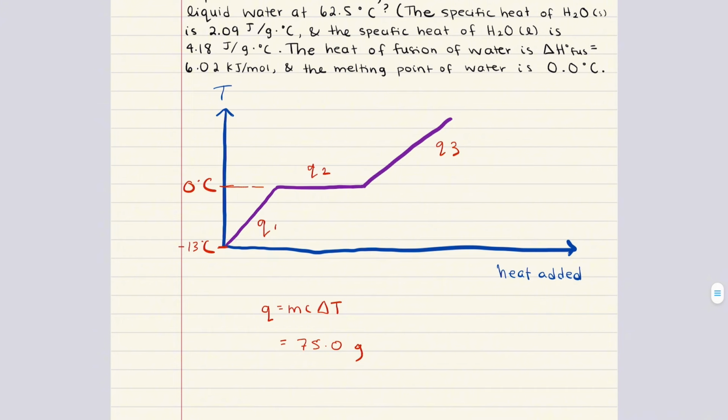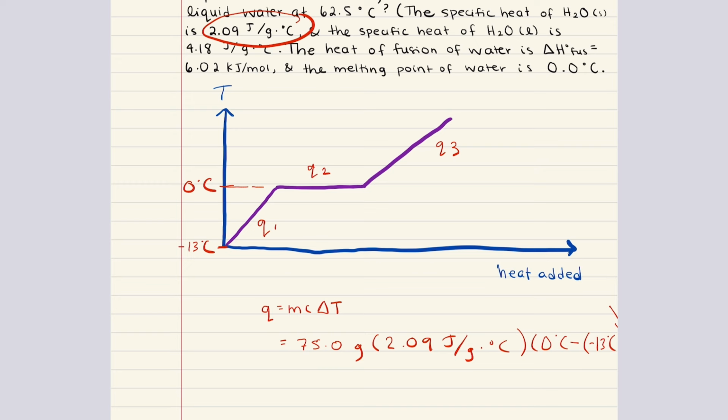We're also given the specific heat capacity for ice in the problem, 2.09, and we can easily calculate our change in temperature. Remember that change in temperature is final temperature minus initial temperature. So final temperature is 0 degrees Celsius, and we're subtracting from that our initial temperature, which is negative 13 degrees Celsius.